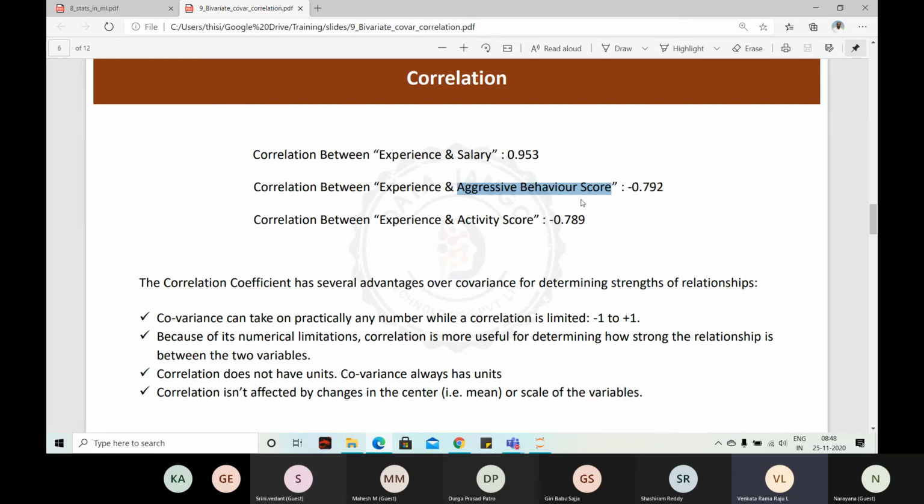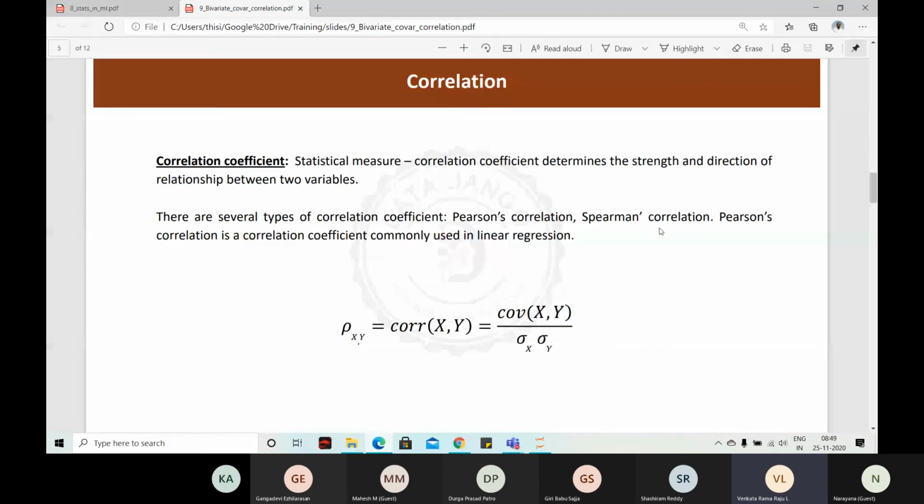This feature and this feature are also important in making predictions of salary. We are looking at experience to aggressive. Maybe I should have done salary to aggressive, salary to account activity score. Then I would have seen which feature is important to predict the salary. Any questions so far? I have some more points to explain here.